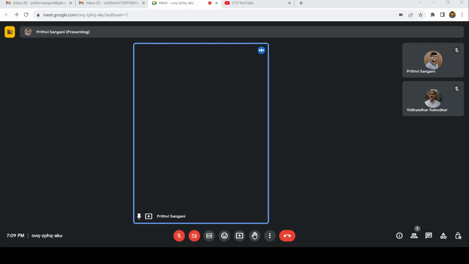So the first question is we have a truss. Again, I'm taking a very simple question. Now the truss is pinned on both sides. Okay.